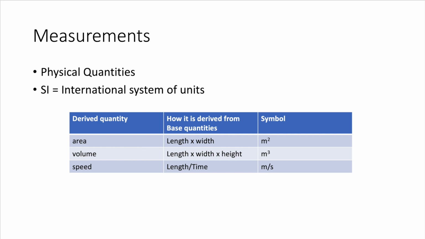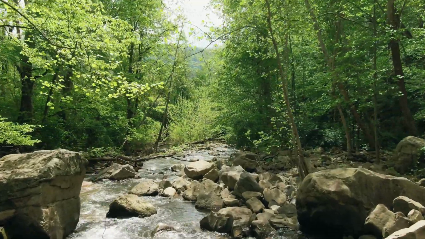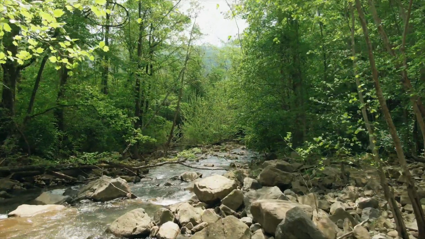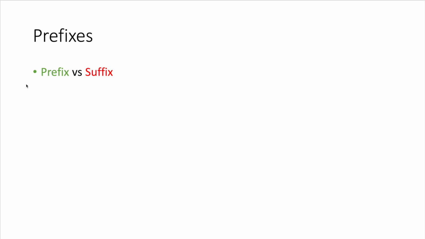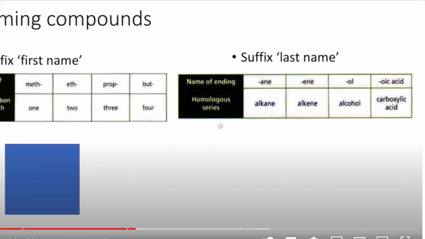And of course, units being units, they are of a standard amount, and not all items in the world come in that standard amount. Like stones, they don't all come in 1 meter size. They are of various sizes, so we need prefixes to describe them more accurately. The word prefix is the word that is fixed before the actual word. That's why it's called prefix. If the word comes after, like in organic chemistry, methane, ethane, propane, that will be more of a suffix.